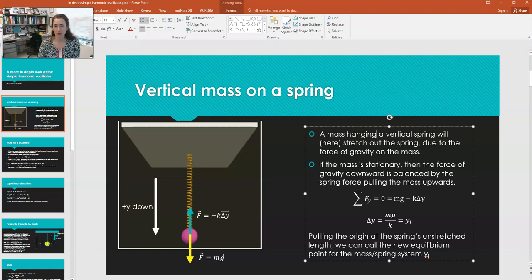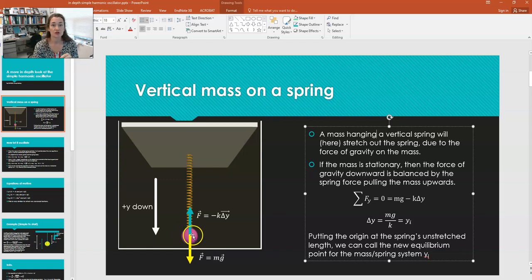So here we go. We've got the hanging mass, and in this case the mass on the spring is not oscillating. It's just being stretched out due to the force of gravity acting on it, and it's just sitting there. So this is a non-oscillating case. If it is stationary, then the sum of the forces acting on this ball will sum to 0.